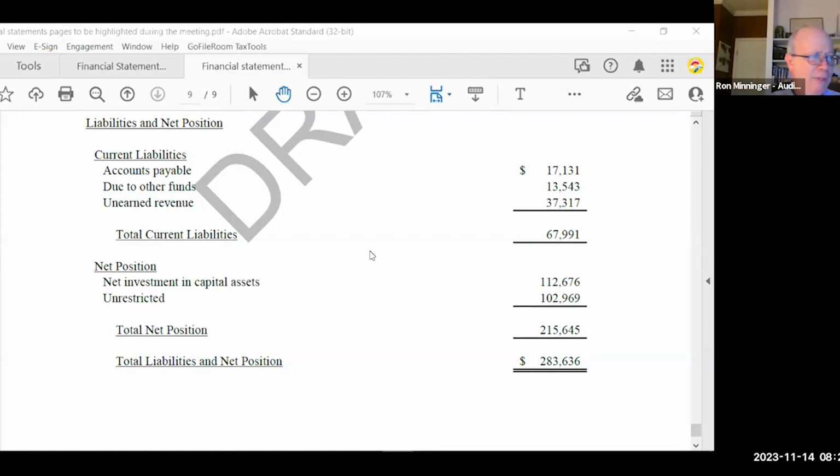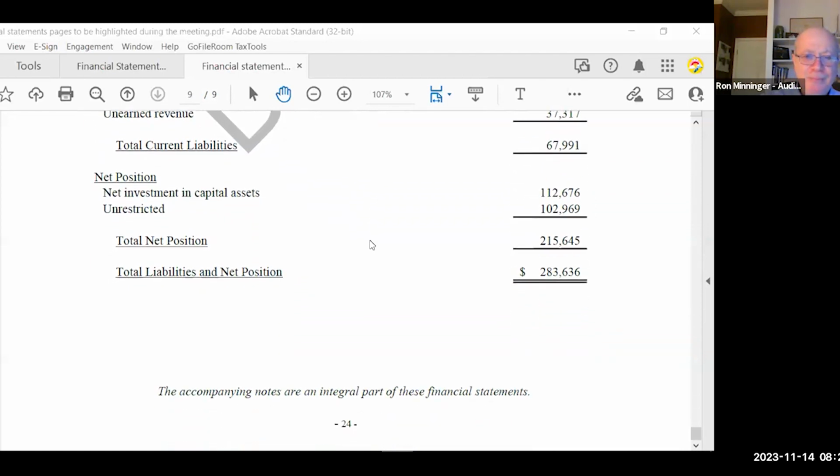Any important financial statement disclosures contained in the notes. Any other issues encountered during the audit, which I have not encountered. And then highlight any significant dollar audit adjustments. And we've reviewed that in the past. I don't expect anything out of the ordinary. And that's it. Are there any questions?